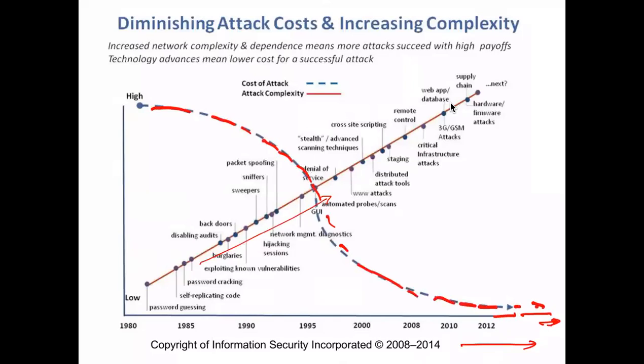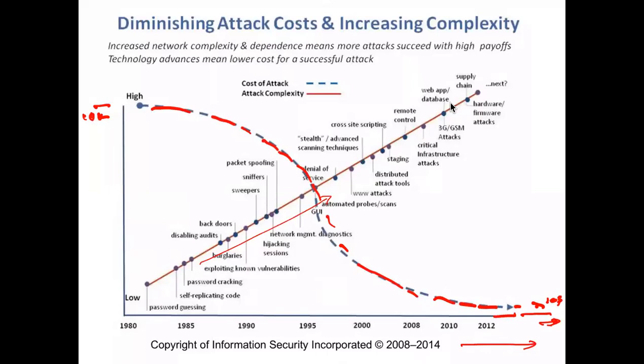Same attack, if it was done in the 1980s, the cost was very, very high. Maybe let's assume it's $10,000. Now it would have become less than, say, $10. I'm just assuming, right? But it's happening because computing itself is becoming cheaper. We know Moore's law.